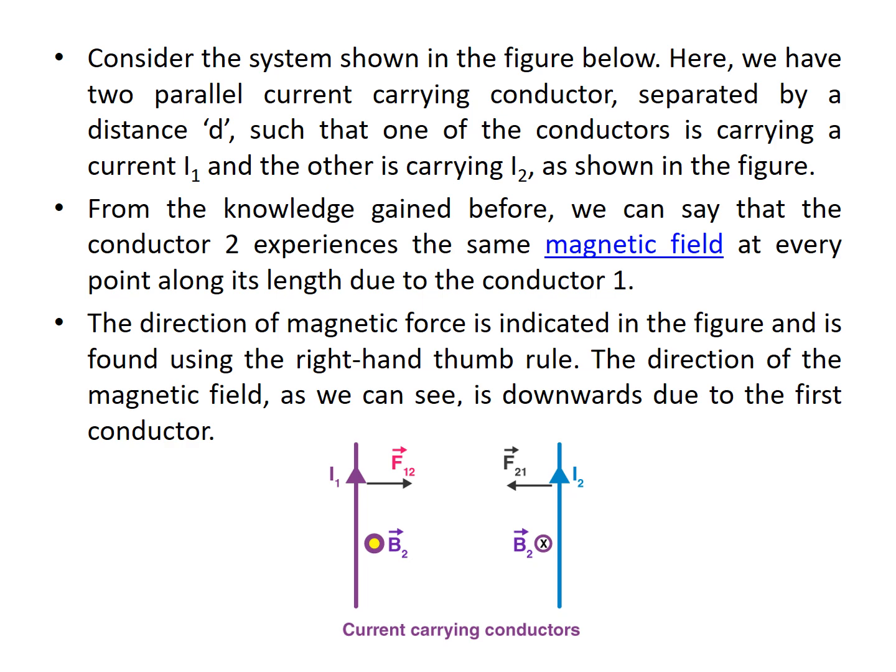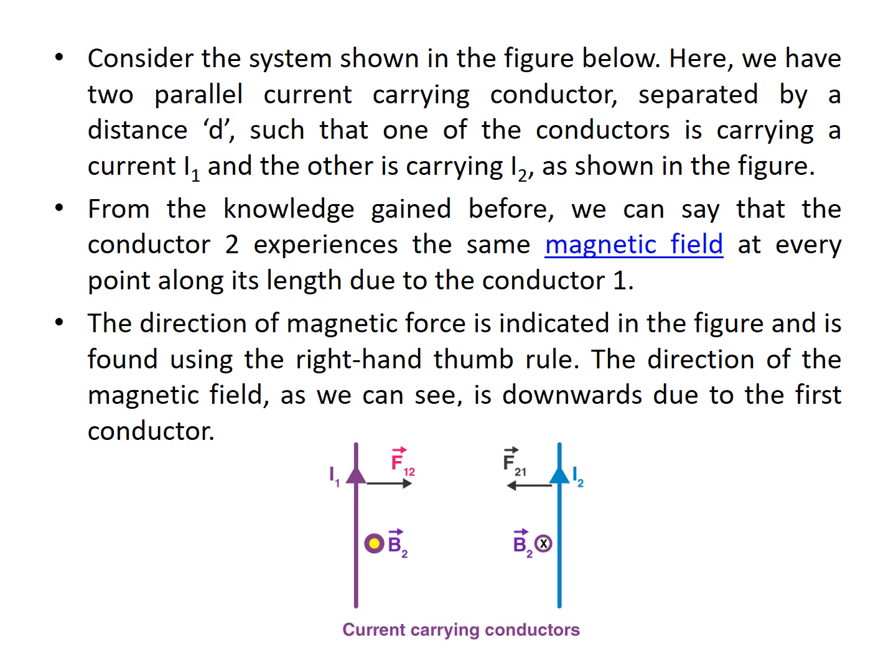From the knowledge gained before, we can say that conductor 2 experiences the same magnetic field at every point along its length due to conductor 1. The direction of the magnetic force is indicated in the figure and is found using the right hand thumb rule. The direction of the magnetic field, as we can see, is downwards due to the first conductor.